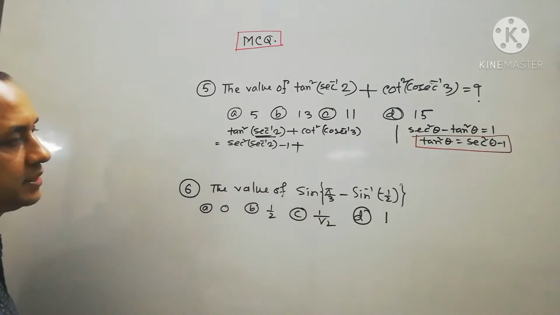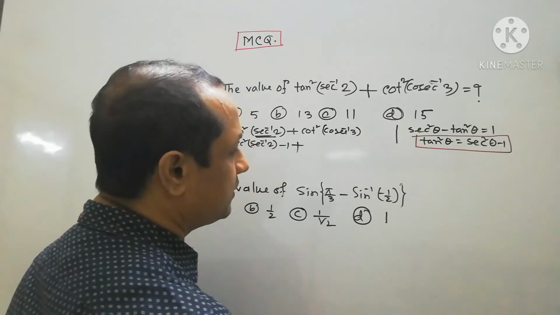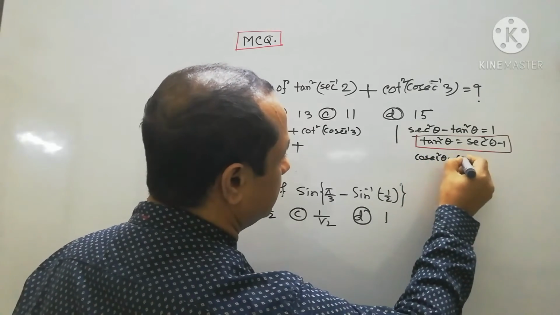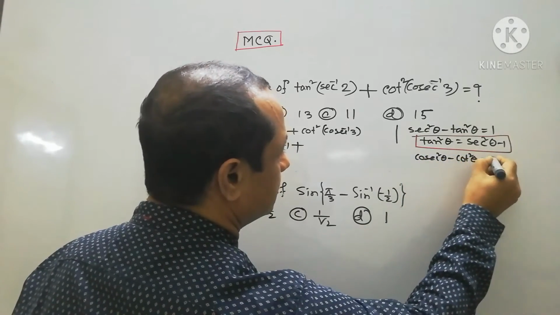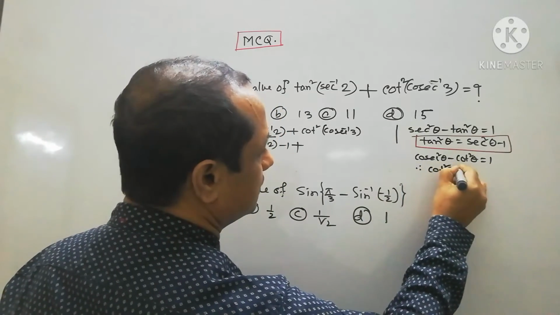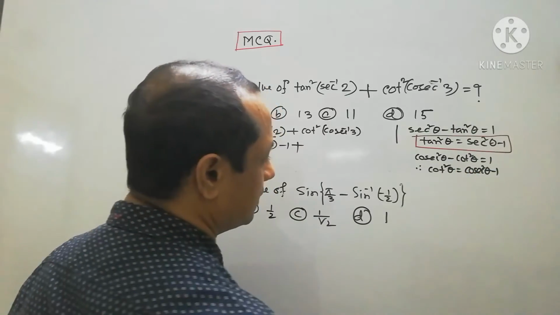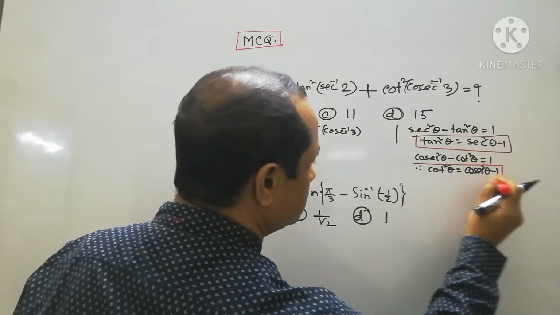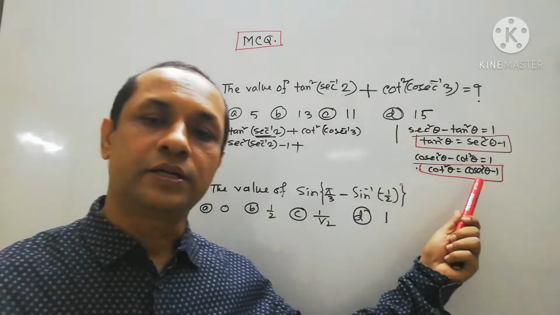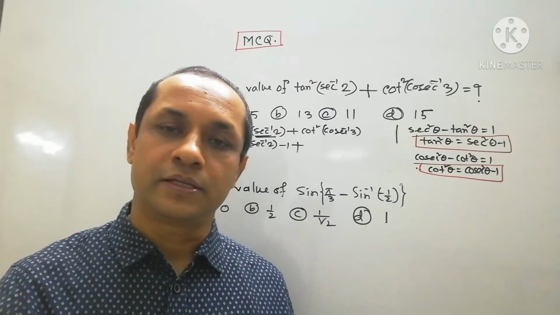Similarly, we know the main formula, cosec square theta minus cot square theta equals 1. So we have cot square theta equals cosec square theta minus 1.